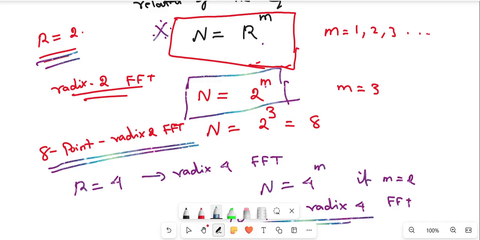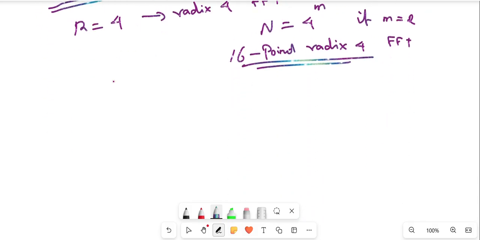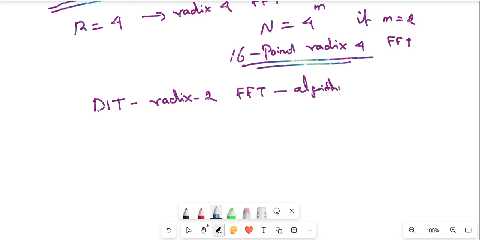Now you can classify into decimation in time radix 2 FFT algorithm. Similarly, decimation in frequency radix 2 FFT algorithm.